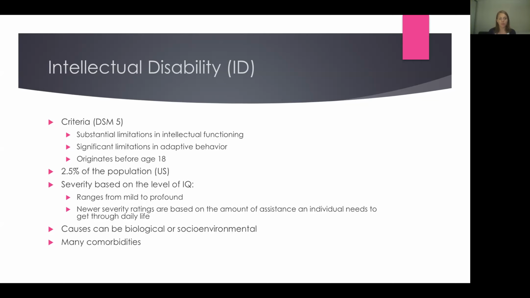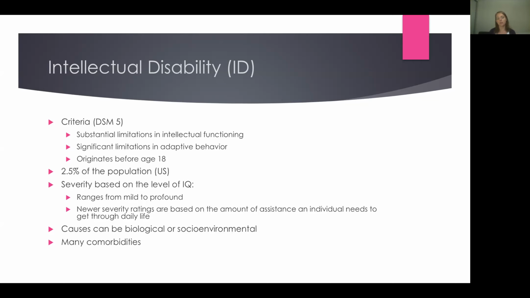We know that 2.5% of the population in the US has ID, so it's a fairly substantial number actually. And there's a huge range in severity. Some people have very mild ID, some people are very profoundly affected. And we know that now when we're talking about severity, it's not so much just about IQ score, it's also about how the person is doing in their daily life.